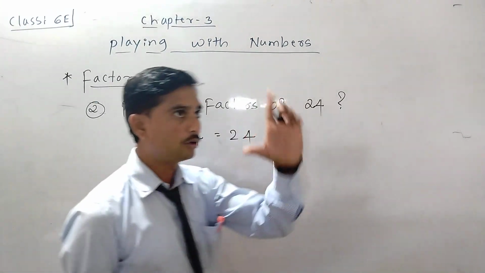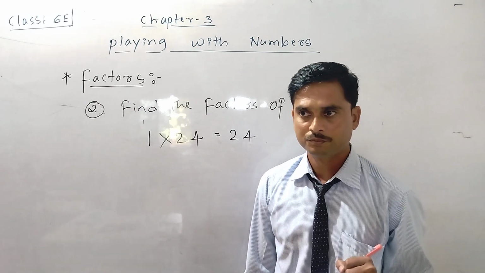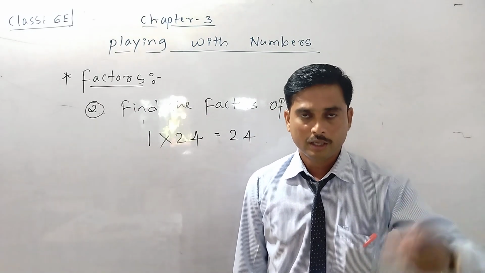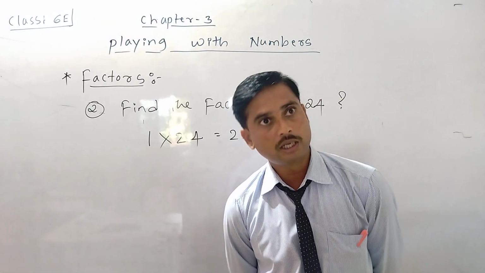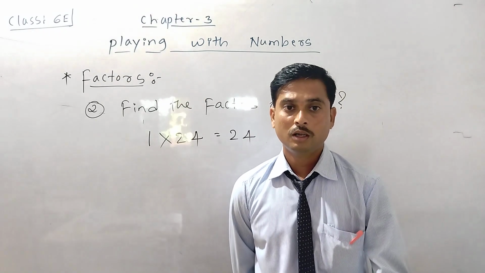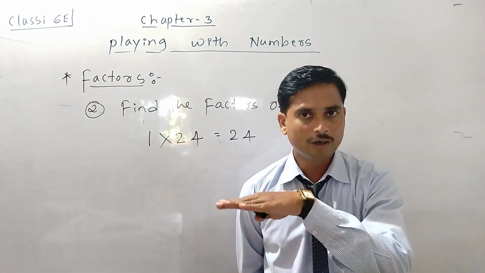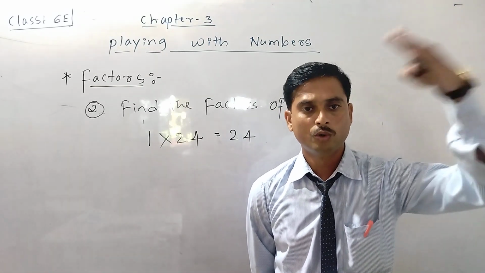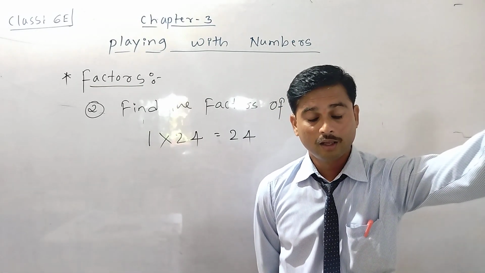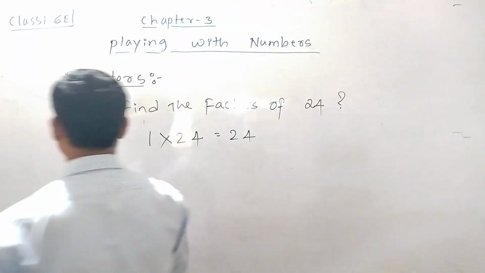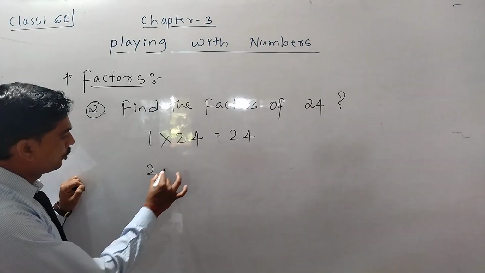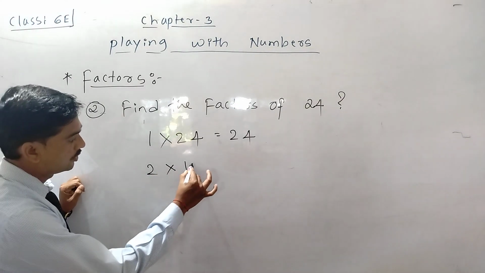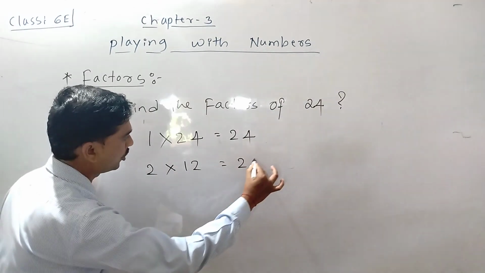You have to think: does 2's table have 24 or not? Yes sir. 2 tens are 20. Then 2 elevens are 22. 2 twelves are 24. That's why 2 into 12 is equal to 24.